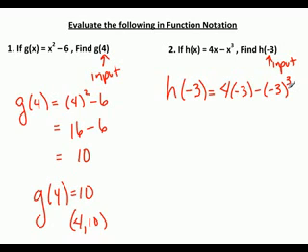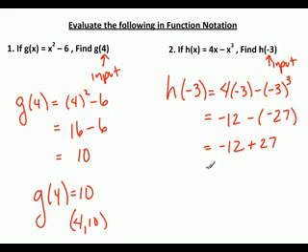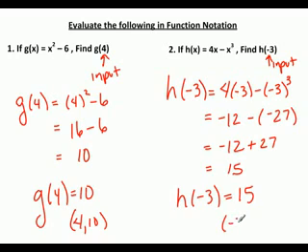Always use parentheses when using your substitution. Okay, 4 times negative 3 is negative 12, minus, I'm going to do my exponent first, negative 3 cubed is a negative 27. So I'm going to get negative 12 plus 27. When I add these, I should get 15, which tells me that if I take my h function and input a negative 3, I'm going to get an output of 15. Another way of thinking about that, the point (-3, 15) would lie on this graph.